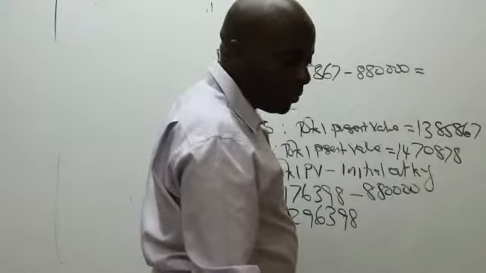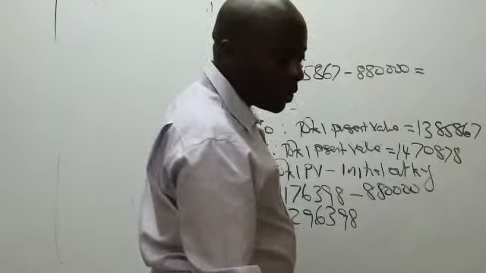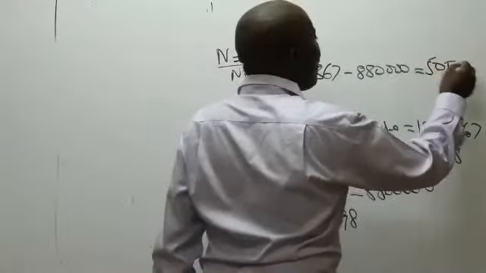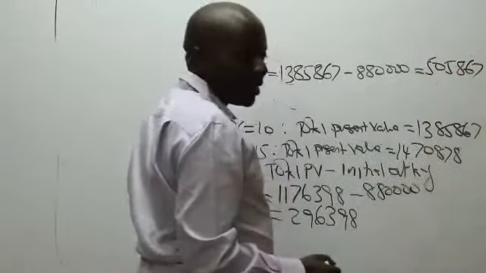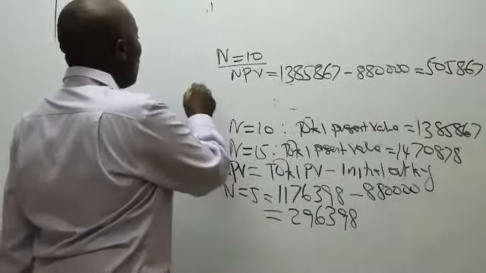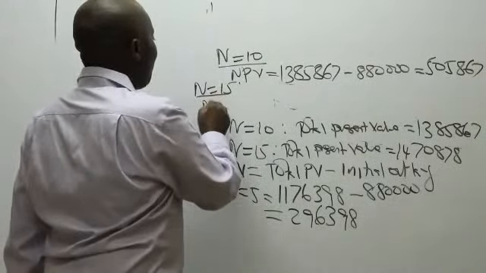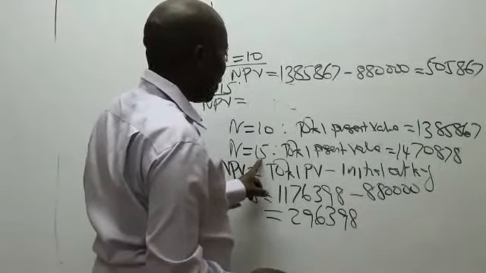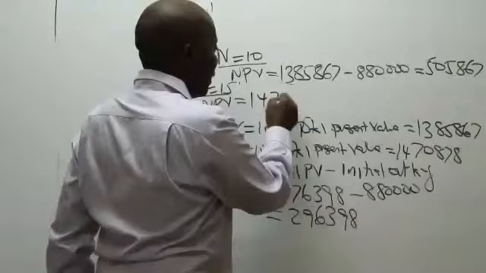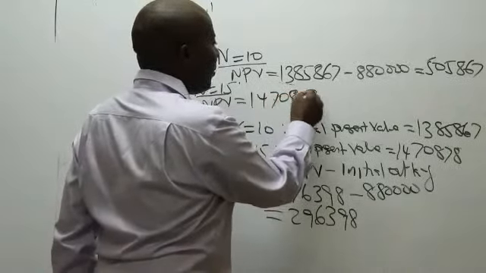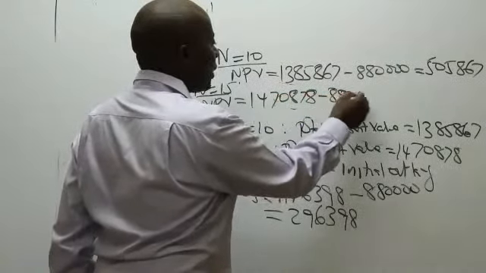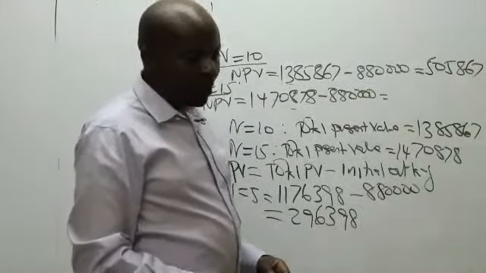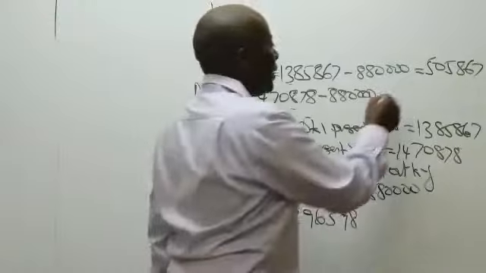They are telling me, Mwalimu, you know what? We know that this one is supposed to be 505,867. When n equals 15, NPV will be equal to, I know the total net present value is 1,470,878 minus 880,000, which will end up giving me 590,878.